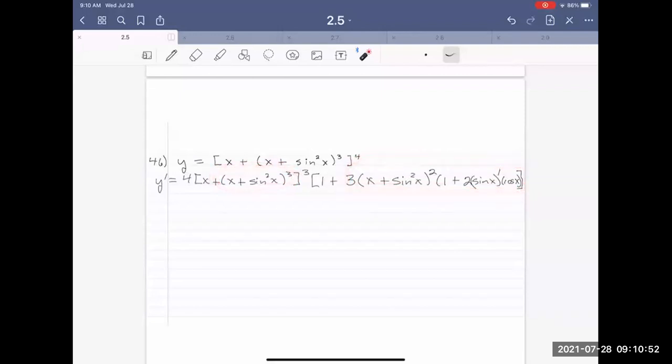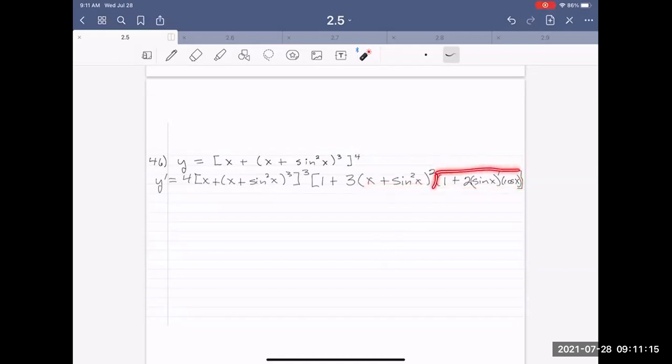So how do I do that? Well, again, general power rule. Bring the 3 out in front, rewrite what's inside, all to the power of 1 less, times the derivative of what's inside.